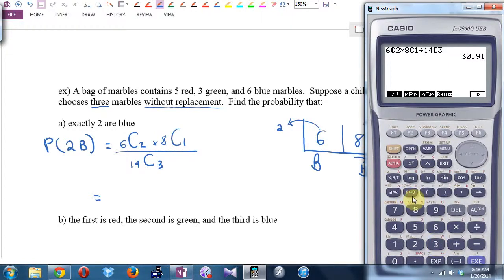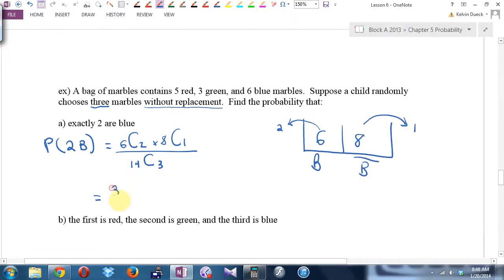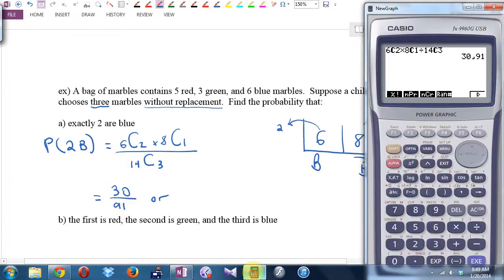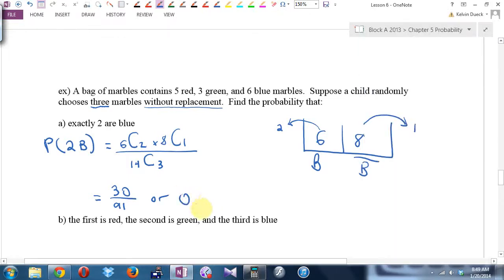Well, give it to me as a fraction. 30 out of 91. Or, as a decimal, 0.3297. About almost, but not quite, 33% chance. Just shy of that.